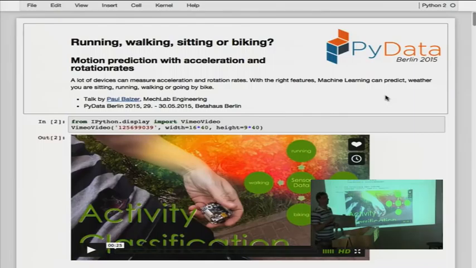Everybody of you who has an iPhone got, since the last version, the M7 motion processor and now the M8 motion processor. So your iPhone or probably your Android smartphone is doing this all the time, measuring acceleration and rotation rate and predicting if you are running, sitting, or going by bike.